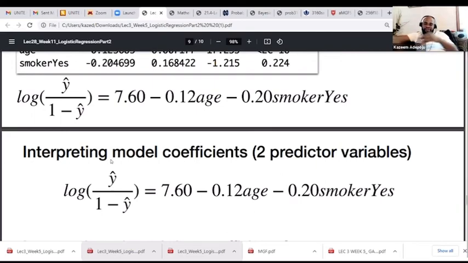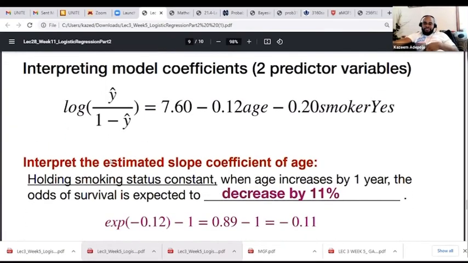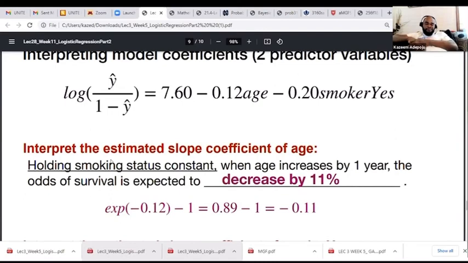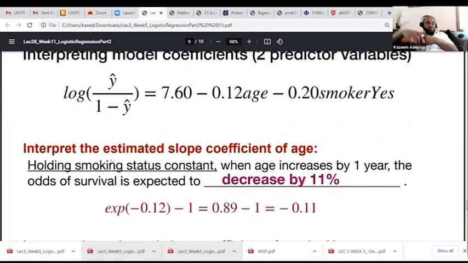Now, how can we interpret this model right now? Because when you fit a model, we're actually going to have a way to interpret the model. And if we want to interpret the model, we've got to interpret the intercepts, the slopes and the like.